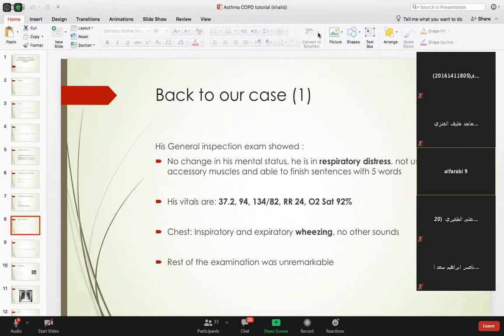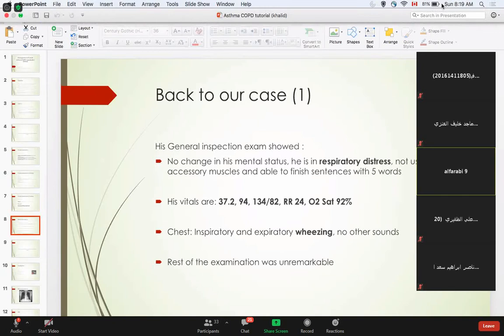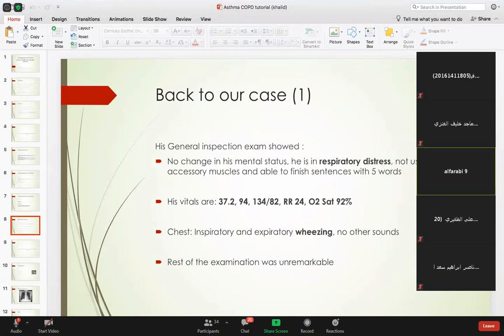Okay, so back to our case to see which of these signs we found in the examination. No change in his mental status. He is in respiratory distress, not using his accessory muscles, my apology, and able to finish sentences with 5 words.